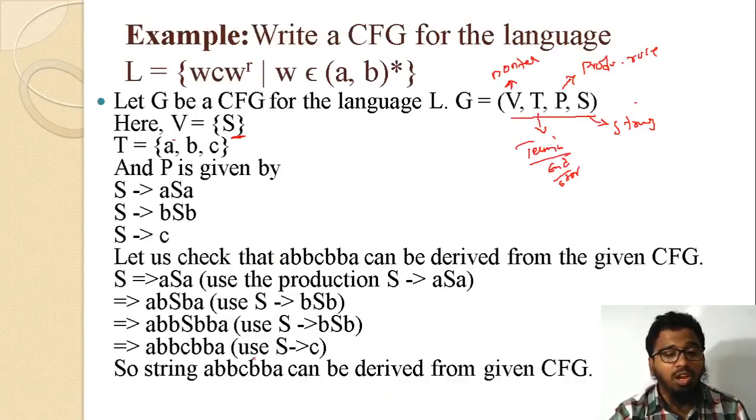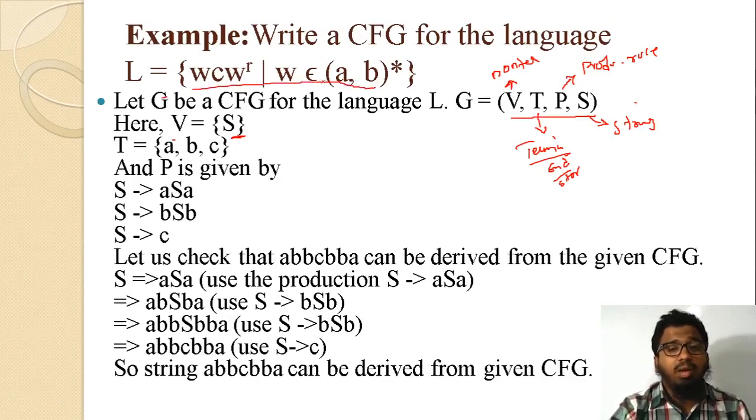So here in the same way we have W, C, W belongs to A comma B closure. For this, what is V? V is S, T is A, B, C, here the C, A, B, C, and P is given. What is the production? You can write S, S, S, or you can write B, S, B, or C. So what is this?